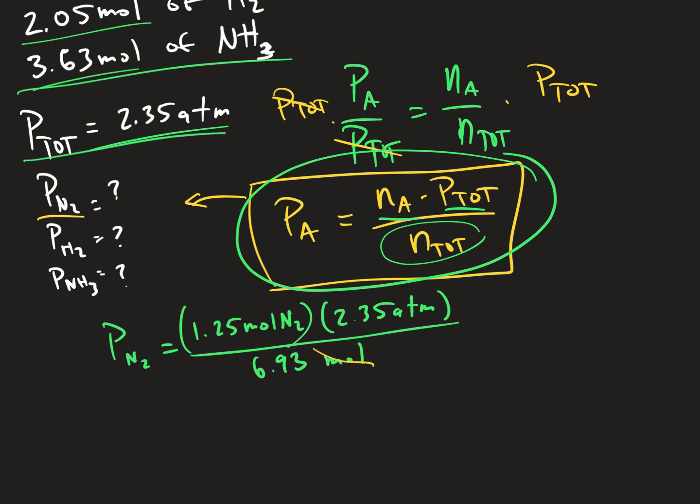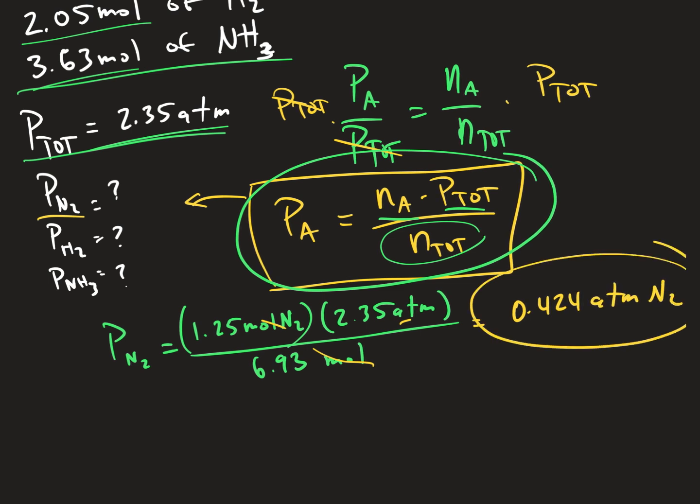And moles goes away, and we're left with ATM. And that gives us 0.424 ATM of nitrogen. You follow?